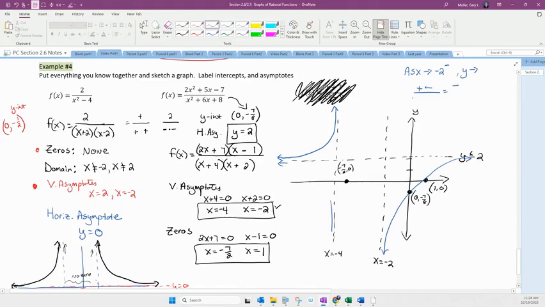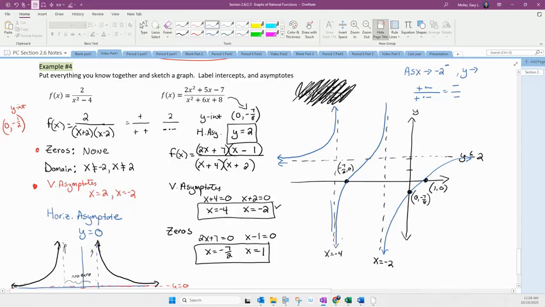On the bottom, -2.00001 plus 4 is a positive, and -2.00001 plus 2 makes a negative. So that makes a negative. And a negative divided by a negative is a positive. So with that information, I feel very confident that I'm coming down and I am going to continue going down.